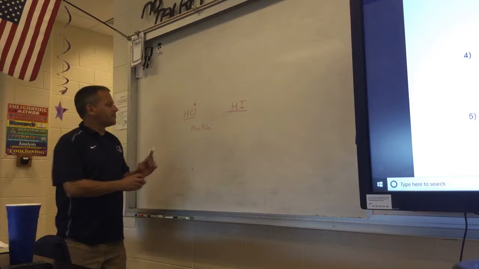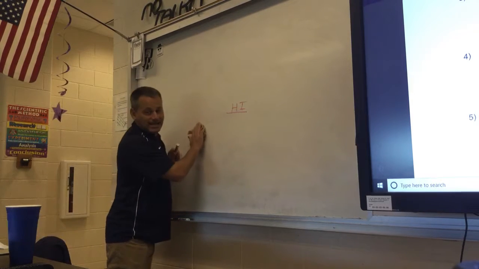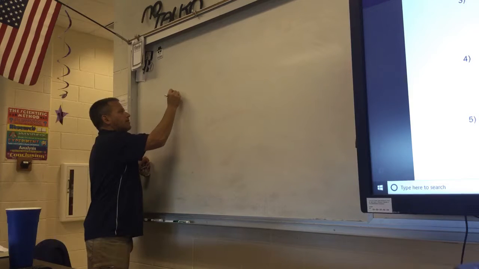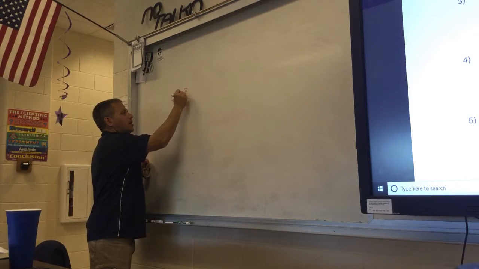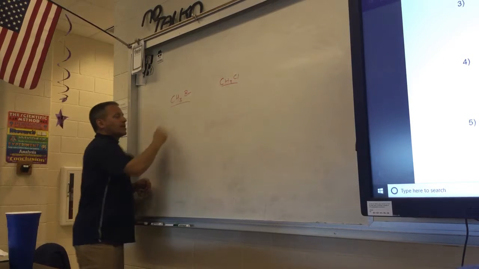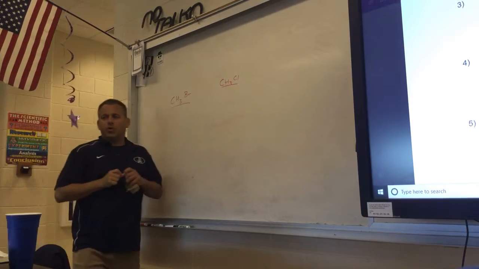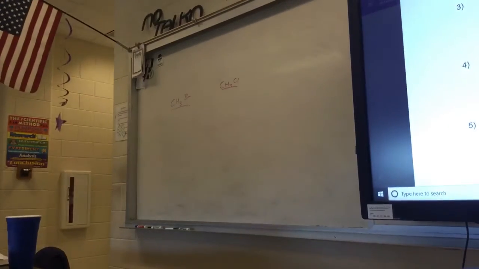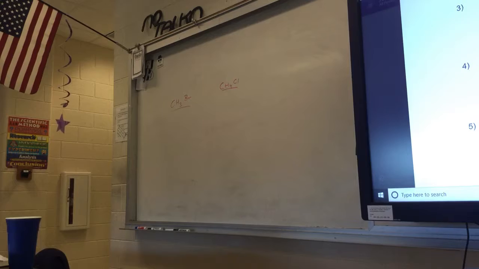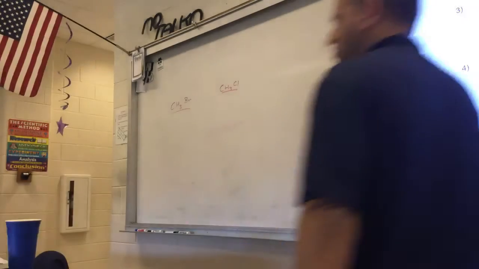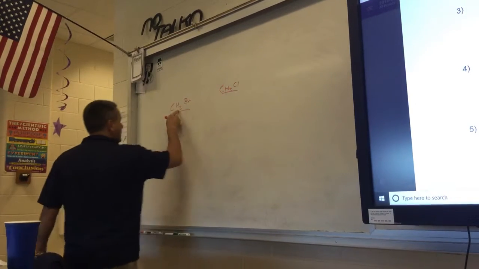The next one's CH3Br and CH3Cl. Hopefully, you get to the point where you're so advanced at drawing these that you know those are going to be tetrahedral. They have carbon and 3 hydrogens and a bromine.